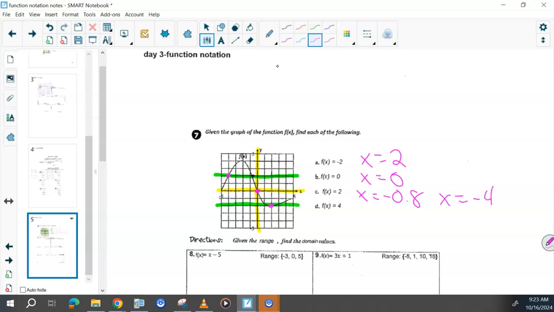Okay, and then f of x equals 4. What is your x value there? -2. Do you have any questions on how we read these graphs?